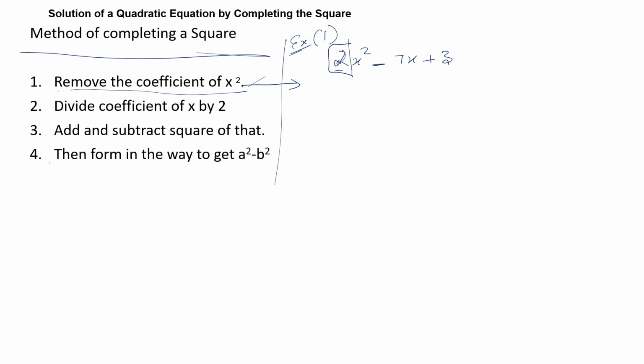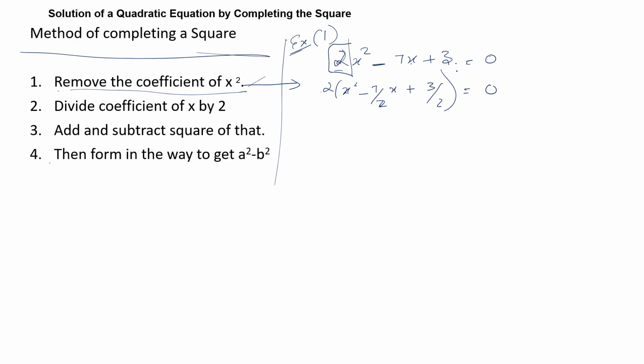To remove it, you have to take the x square coefficient common outside, 2 into x square minus 7 by 2x plus 3 by 2. Why are you writing 7 by 2 and 3 by 2? You just multiply now and see. This will give 2x square, this 2 will get cancelled, you will get minus 7x, and 2 into 3 by 2 will be 3.